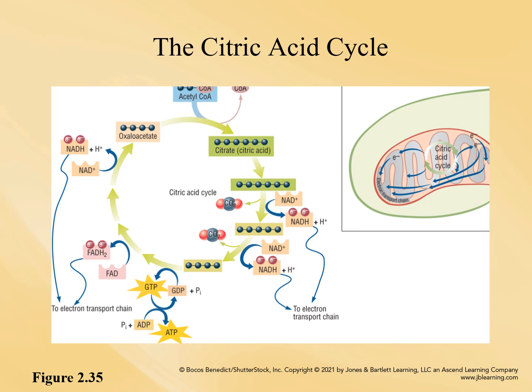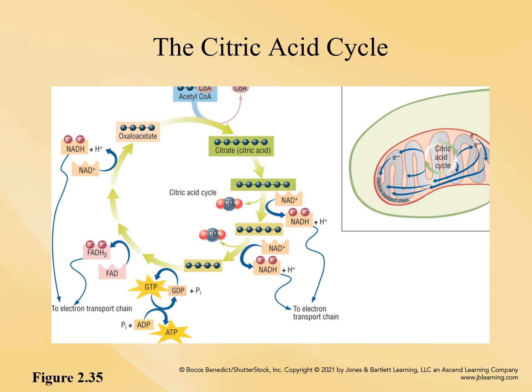The citric acid cycle has a number of steps, and this is the representation. It appears always as a circle, but it's not truly a circle. It's just easier to view it as a circle. You'll see that there are some intermediate energy carriers noted as NADH, FADH2, and GDP.